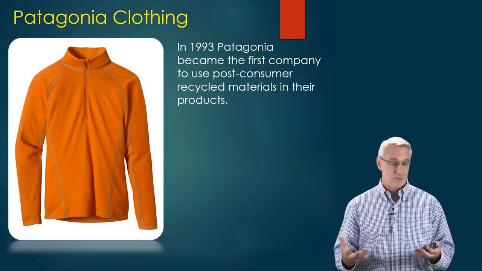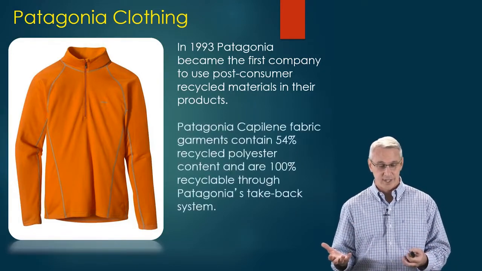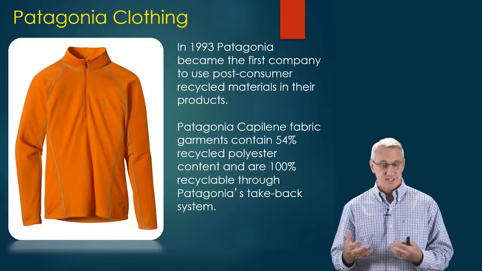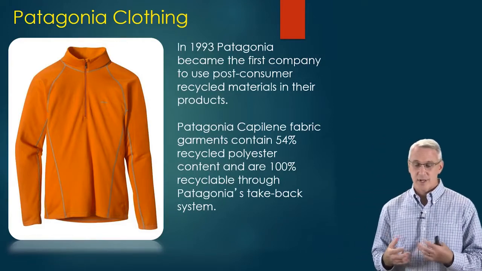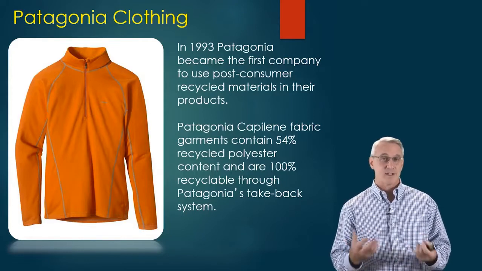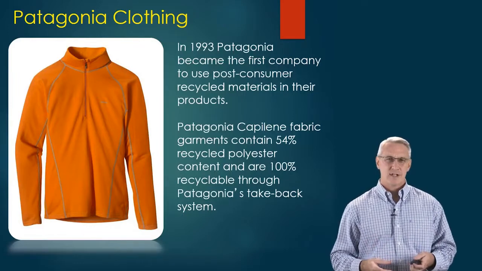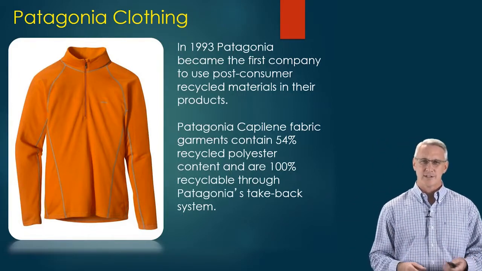If you've worn their products, you wouldn't notice it; you're not compromising on quality. Most of their garments contain at least 54% recycled polyester, and they are 100% recyclable through their take-back system, so they take back their products and recycle and reuse the materials into new products.